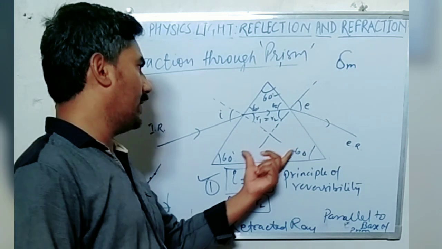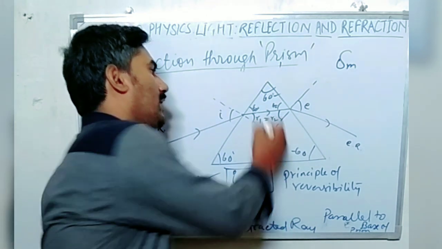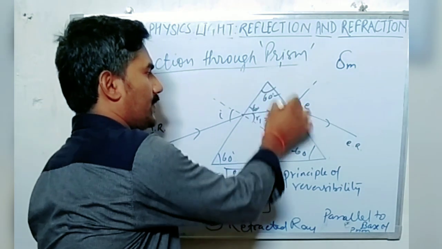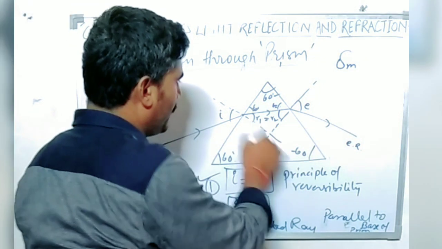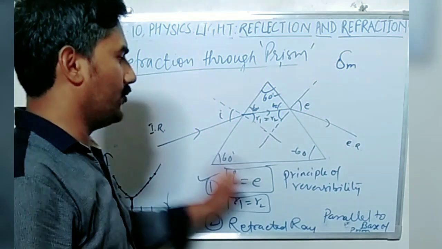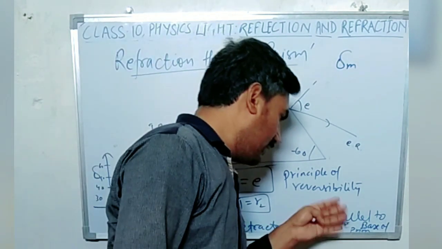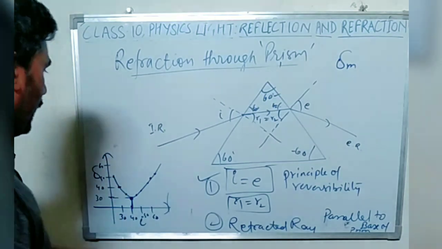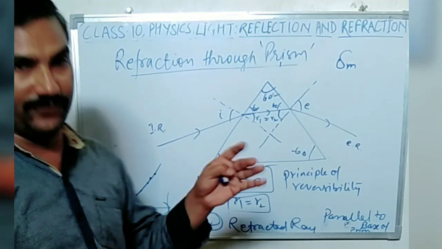We have discussed by equating the angles of refraction and then by the concept of this regular prism and this angle. If these angles are equal, these angles will also be equal to 60. If this triangle and this triangle are similar to each other, it means that the refracted ray and the base of the prism will be parallel to each other. If these are parallel, we can say the second condition, that is, the refracted ray must be parallel to the base of the prism.